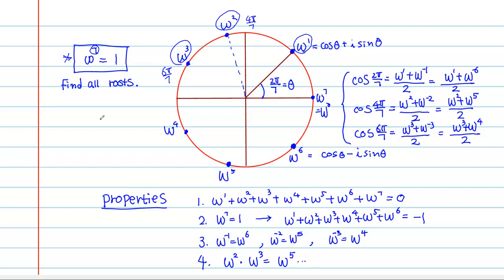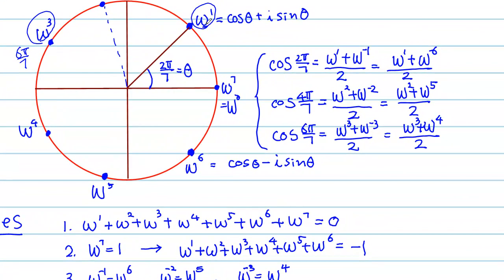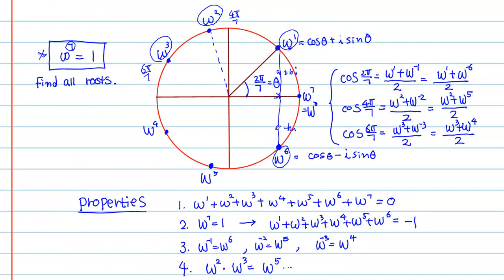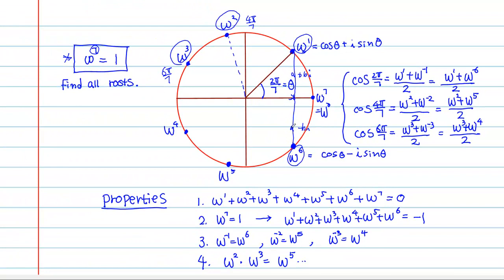You know that W1 and W6 are conjugate pairs, because the real part is the same: one is A plus Bi, the other A minus Bi. What about cosine 4 pi over 7?